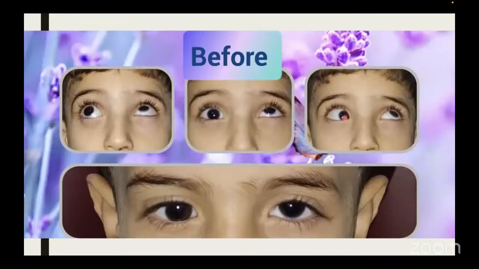That's all. In moderate, we have limitation of elevation on adduction with downshoot. And in severe, we have also a hypotropia in the primary position. So any patient with hypotropia in primary position, we consider it as a severe Brown syndrome.